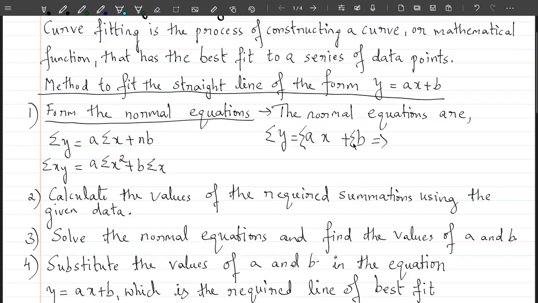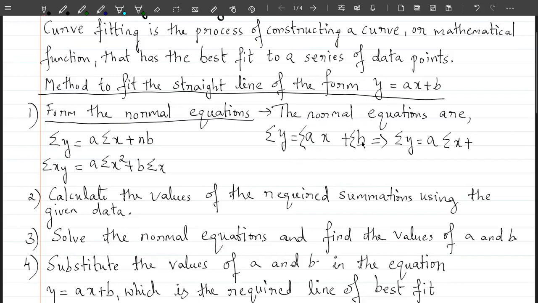Y is a dependent variable and x is the independent variable. Summation of ax: now this a here is a constant, so you can take that a out of the summation. So it becomes a into summation of x plus summation of b.